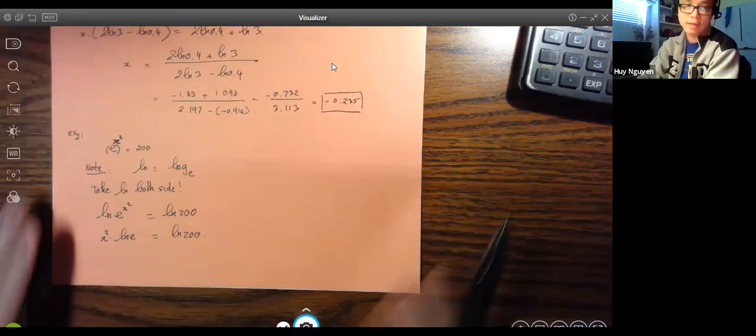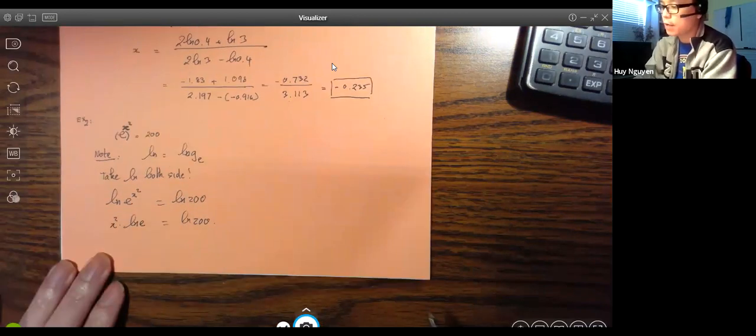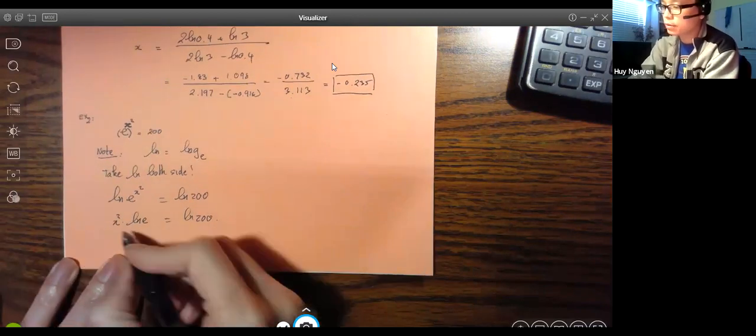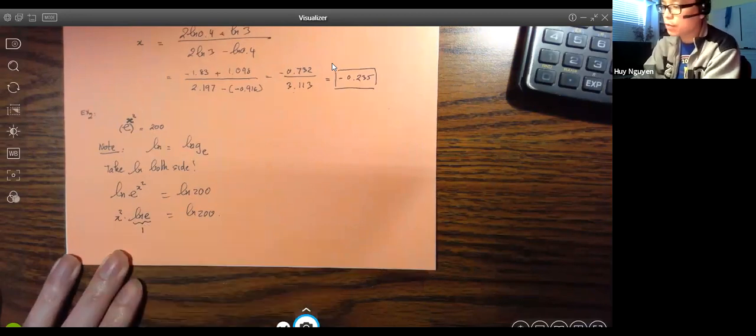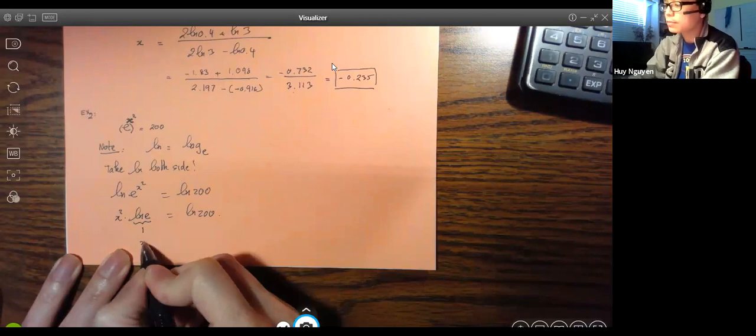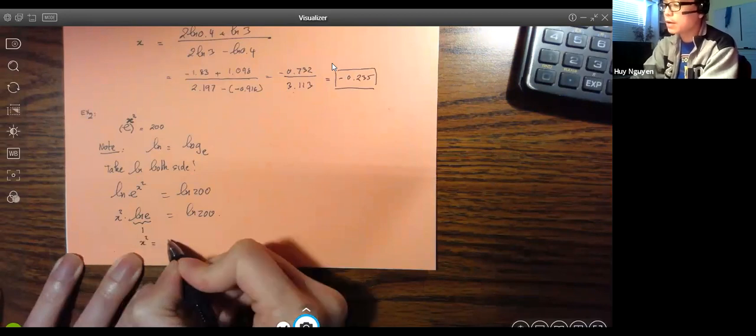So it's different. I can use log base 10 to solve this too, but it's easier to use log base e. All right, ln e is 1. So 1 times x squared is x squared equal to ln 200.